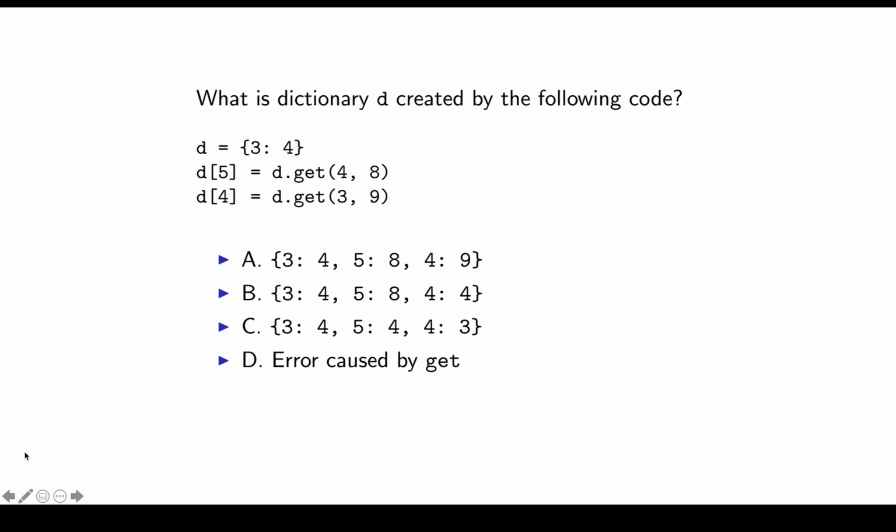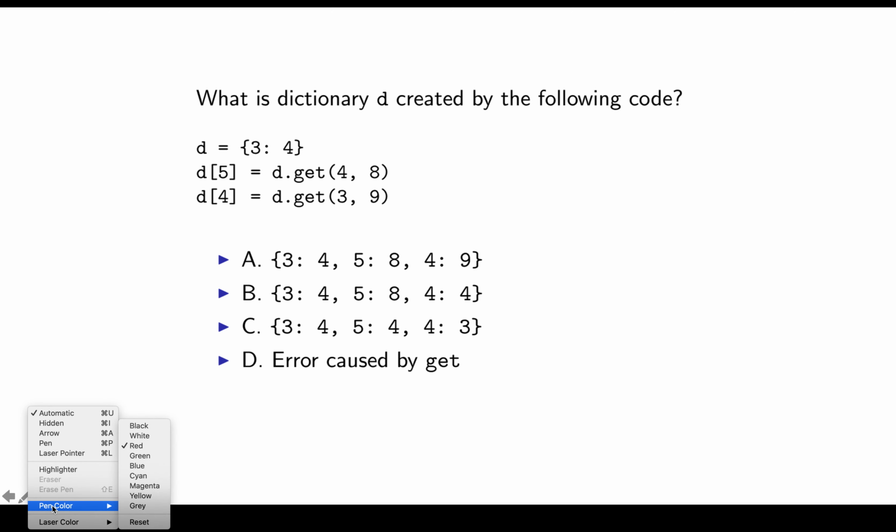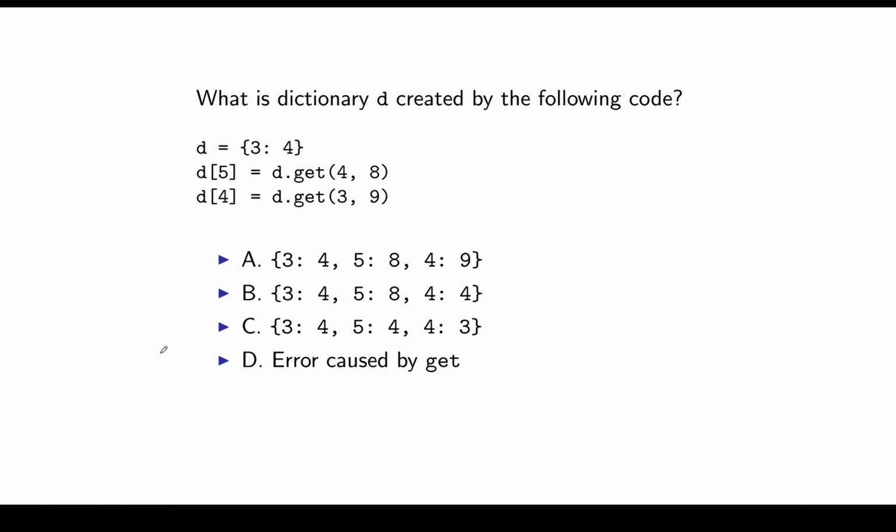Alright, so here's an exercise to look over on your own. Go ahead and try that. I will cover it right now. So, we have 3, 4. That's this right here. Then, we say D[5], that's the key, is equal to, well, whatever that is.